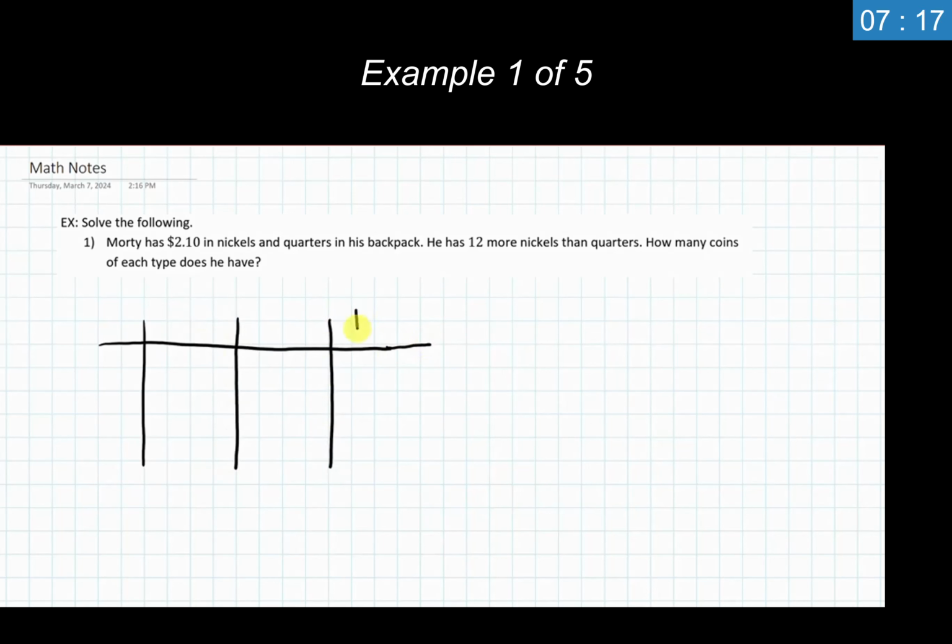So I always like putting the result at the very end, because this is always going to be present in these mixture problems. So the result, the total, the outcome, something similar to this, but I'd recommend having this label at the very end here for this last column.